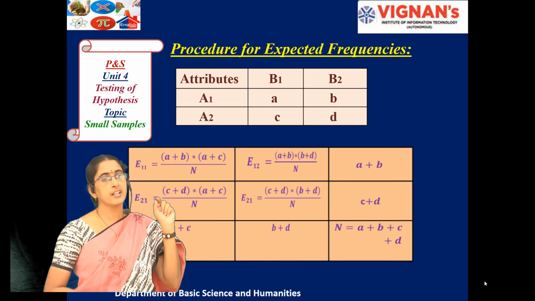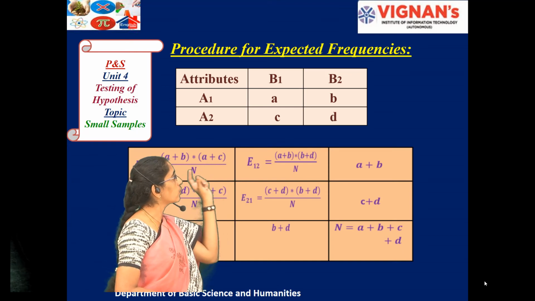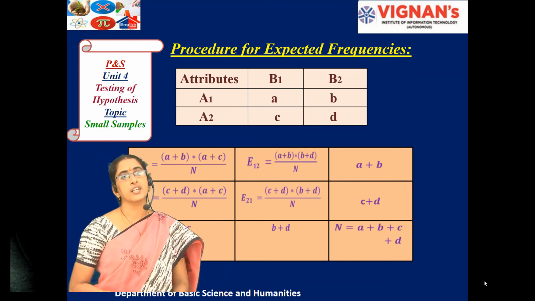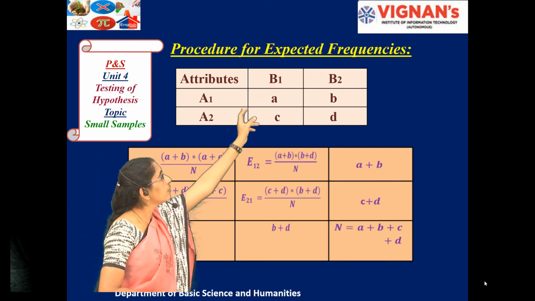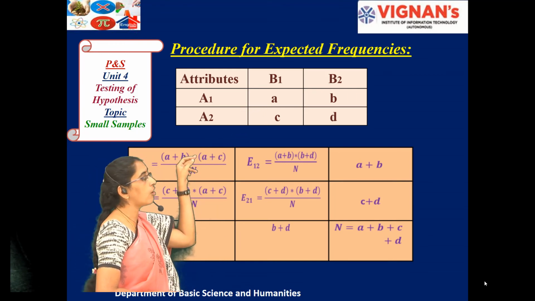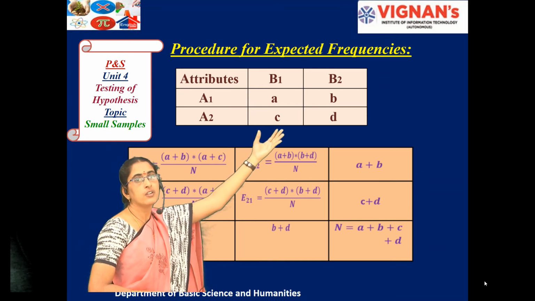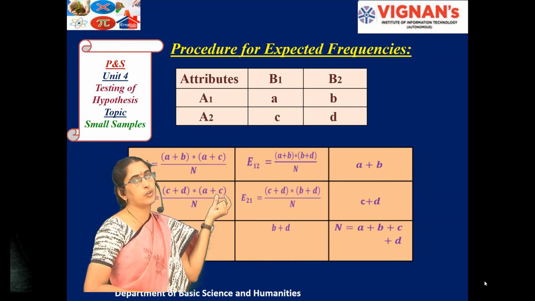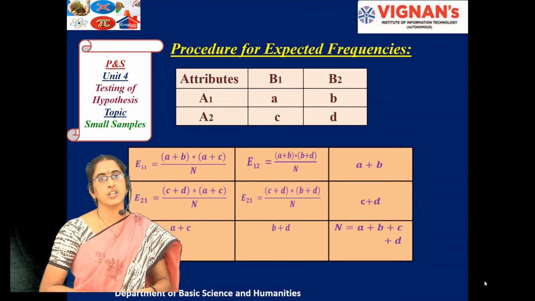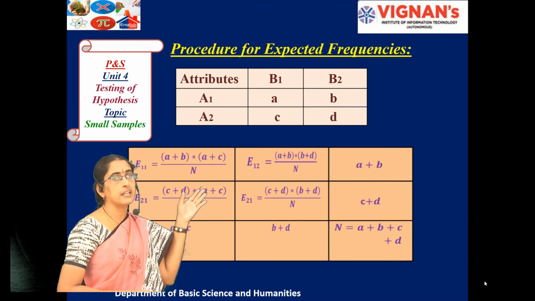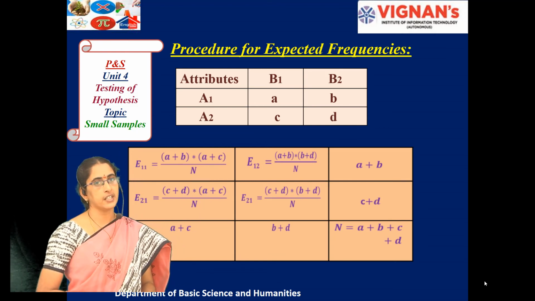That means the rows total and the columns total must be equal. Then the expected frequency for the first cell is the first row total into first column total by the total frequency. Then first row total, second column total by total frequency. That means Eij is equal to Ai into Bj by capital N. In that manner we have to obtain the expected frequencies.